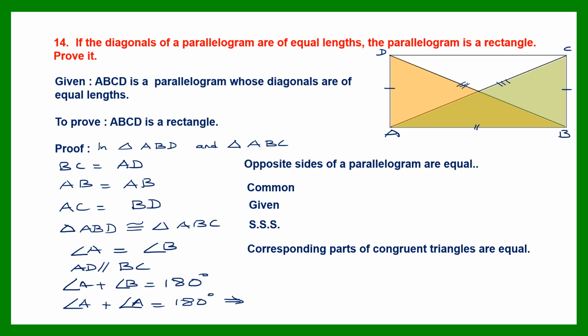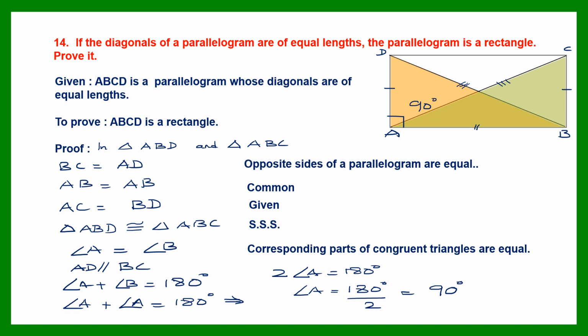This will be 2A. 2 of angle A is equal to 180 degrees. So angle A alone will be 180 degrees by 2, which is 90 degrees. So if angle A is 90 degrees, we can write it here. So we have proved that this part is 90 degrees.